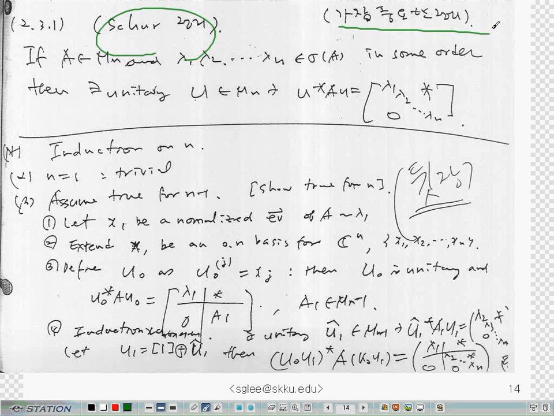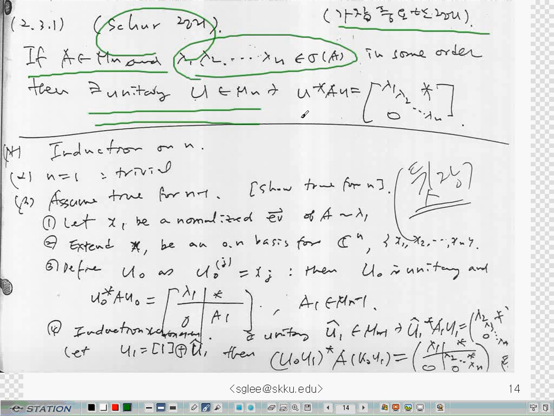This theorem says, suppose you have an n by n matrix A, and you have n eigenvalues in some order, counting multiplicity. Then there exists a unitary matrix U such that U star AU is equal to an upper triangular matrix with all diagonal entries, eigenvalues, in the order that we can choose.